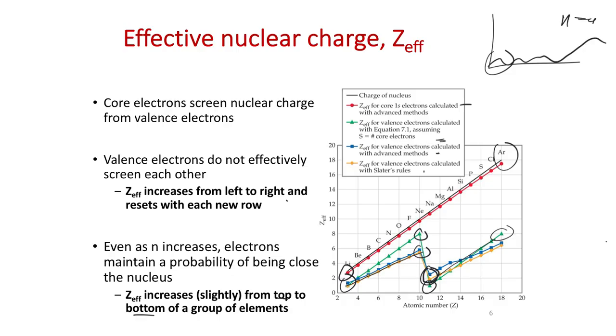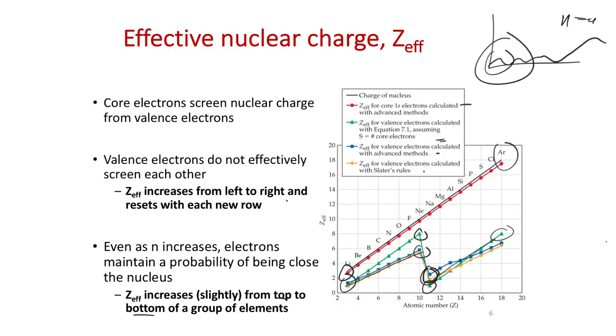Now, why does it increase? Why does the effective charge increase from top to bottom? So as N increases, the electron's probability of being close to the nucleus is actually increasing. It's because of all of these probabilities here. Even as you go to N equals 6, if you go to something like cesium that has a high N value, you have all those little probabilities of that electron still being relatively close to the nucleus.